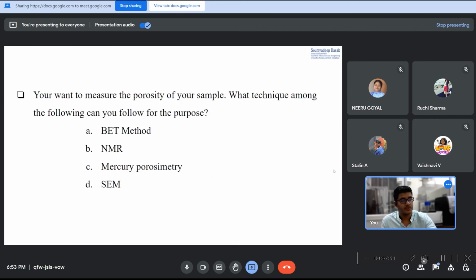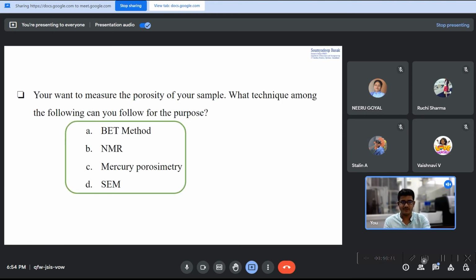Then we have talked about how to measure the porosity of your sample. What techniques among the following can you follow for porosity measurement? BET, NMR, mercury porosimetry, SEM. All four, right?